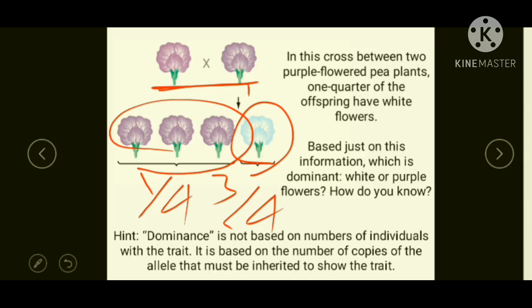Based on this information, what do you think? Which is dominant, white or purple flower? And how do you know this? Which one is dominant? Which one is recessive? Is white dominant, or is purple dominant?